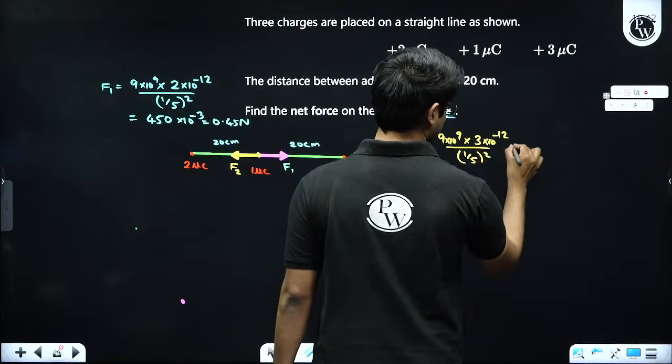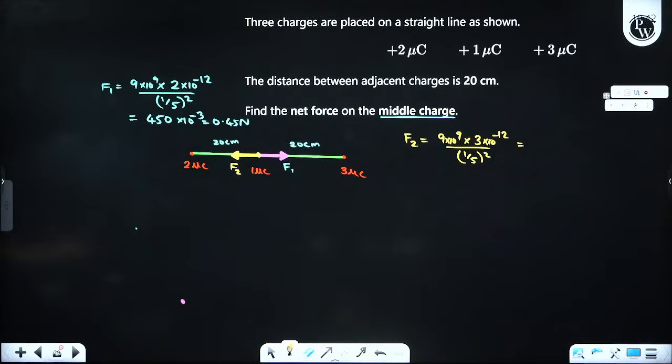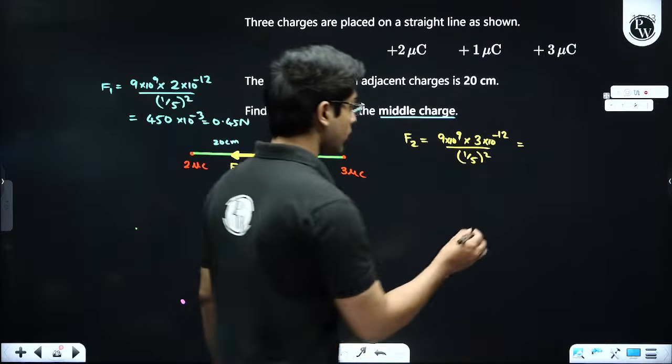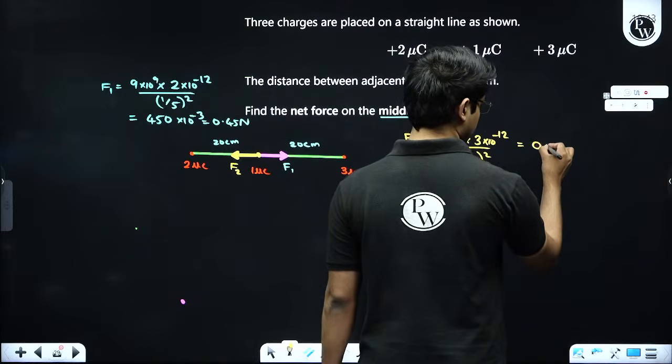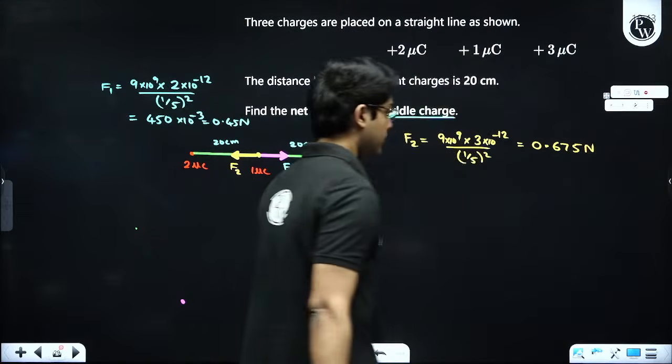Okay, so I'll just use a calculator for this. So this is coming out to be 0.675. If you do the calculation, it comes out to be 0.675 Newton.